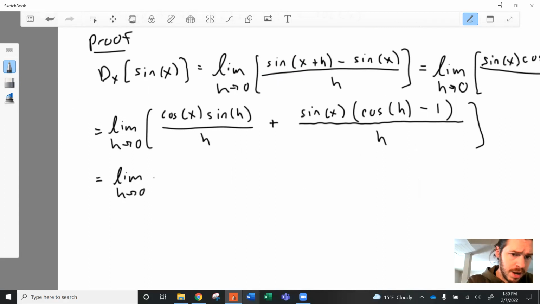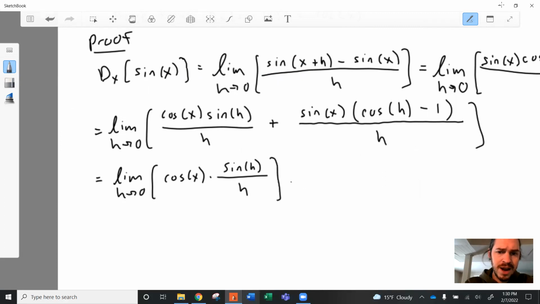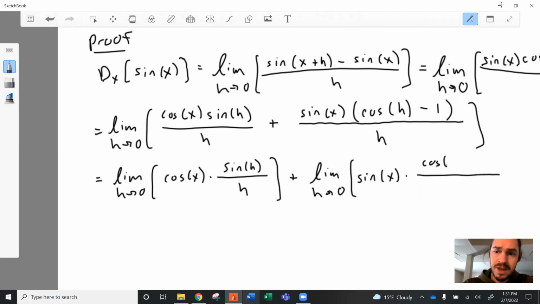So here I'm going to write cosine of x times a fraction, sine of h divided by h. You have cosine of x times that fraction. And then we're splitting this into the sum of two limits via the sum law for limits. That's the valid thing to do. And for the second term, I'm going to take the sine of x and write it on the side. Then I have this fraction, cosine of h minus 1 all over h.